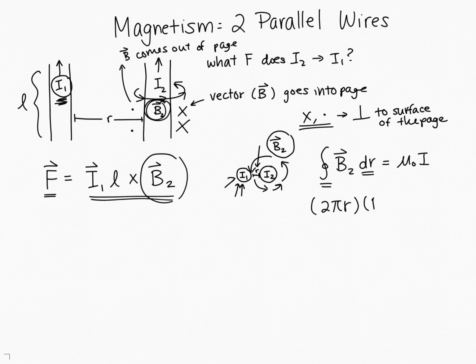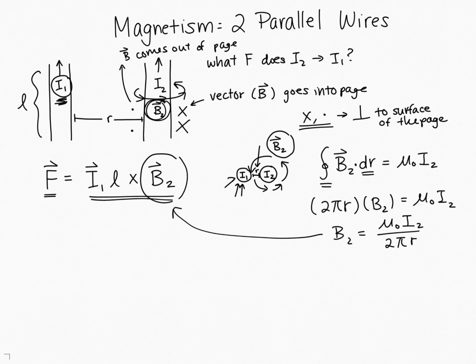So we have 2 pi r times B2, and here it's just the magnitude because we have B dot dr, is going to equal mu 0 I. And thus we find that the magnitude of our magnetic field is mu 0 I, where I is I2 because I2 is what is causing this magnetic field, divided by 2 pi r, which is the circumference. So this is the magnitude of the field that our I1 wire is going to experience.